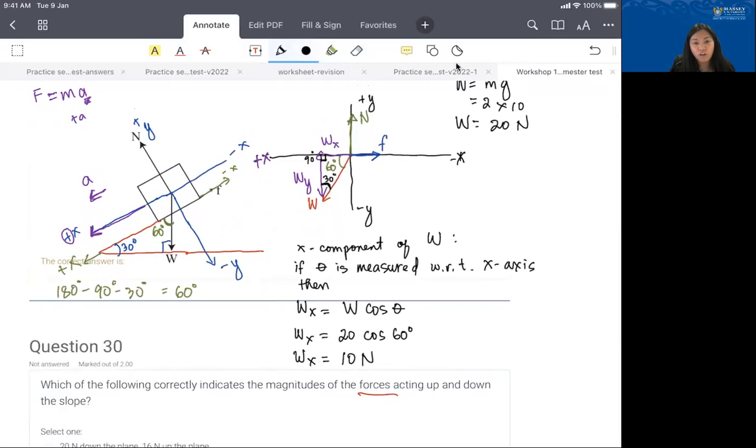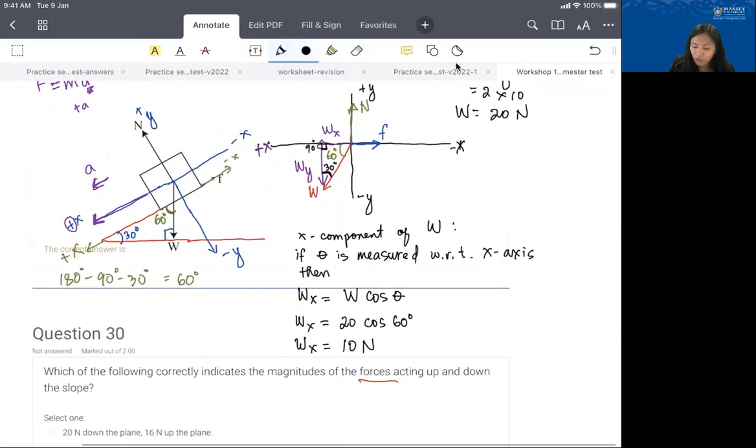So if you wanted to use the angle of the slope to find the x component of W, so if theta is measured with respect to the y-axis, then the y-axis will give you a theta of 30 degrees.